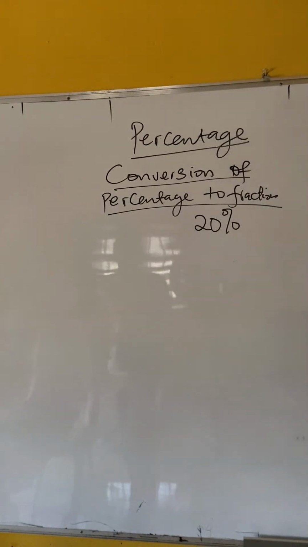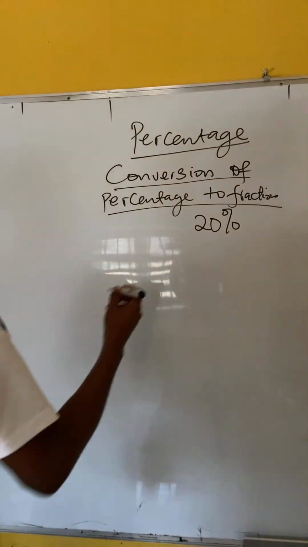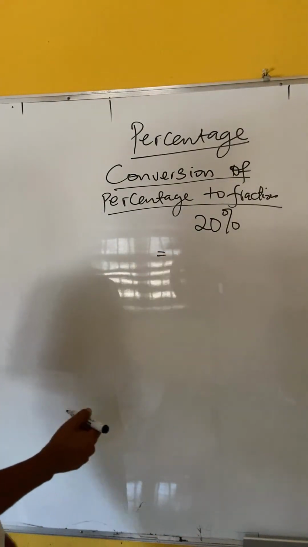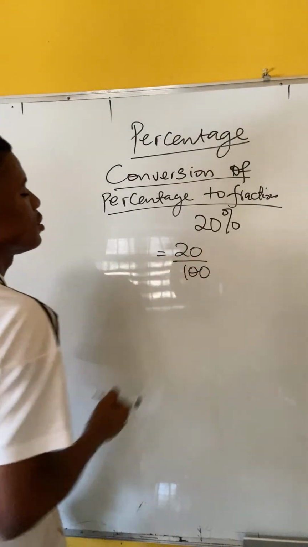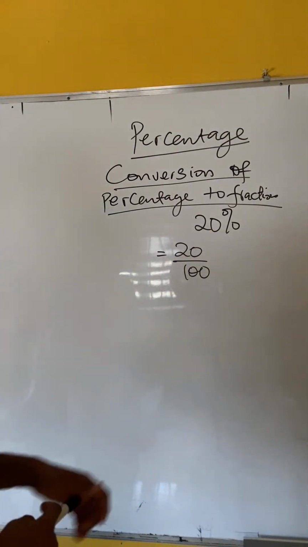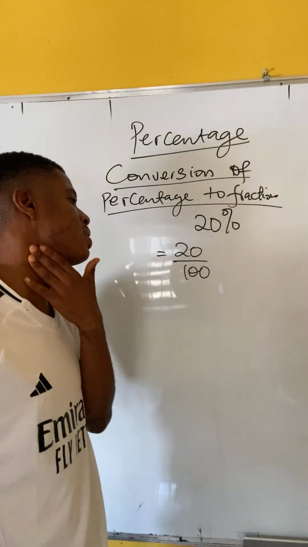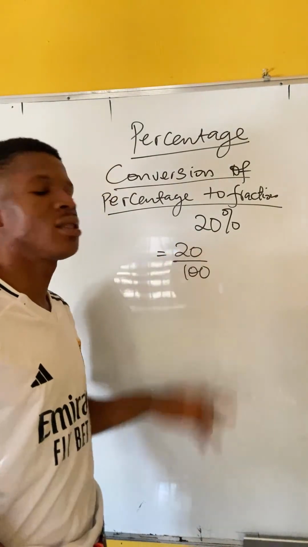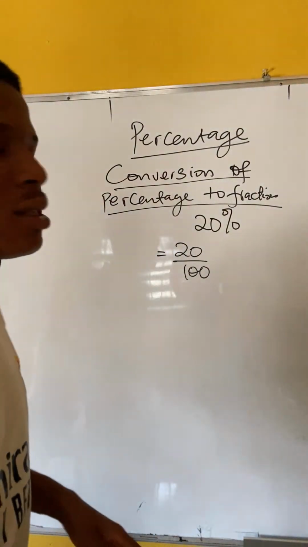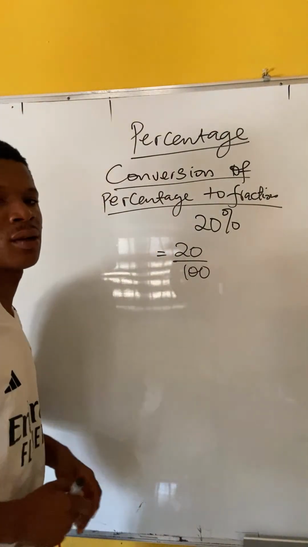To do that, all we have to do is write it as 20 over 100, since percentages are numbers expressed in the ratio of 100.